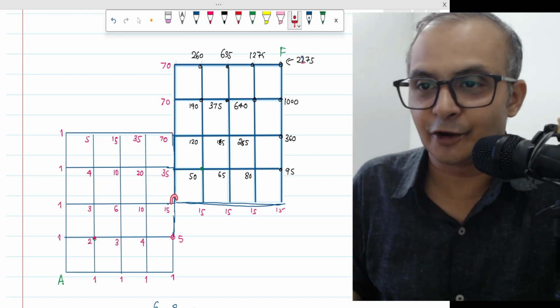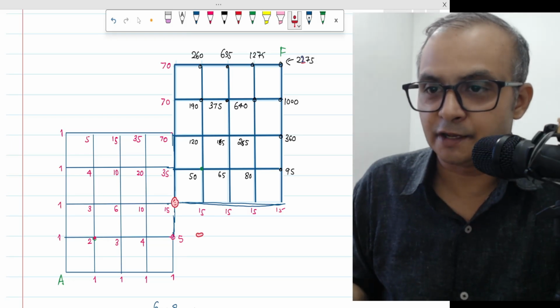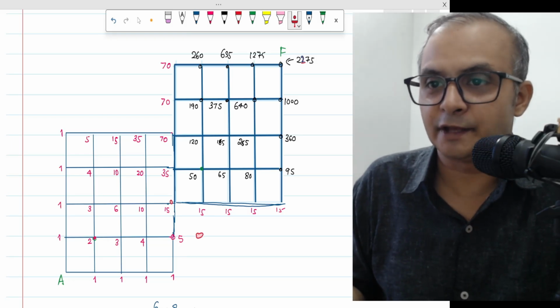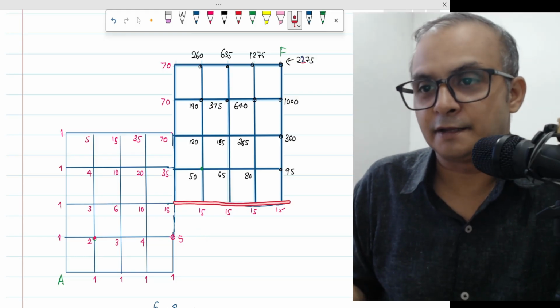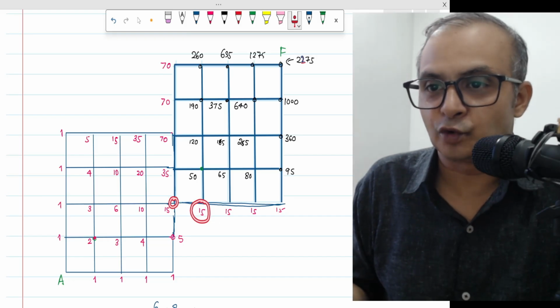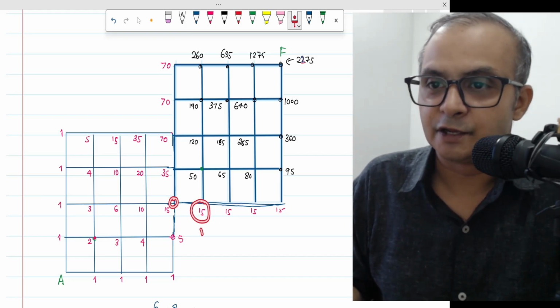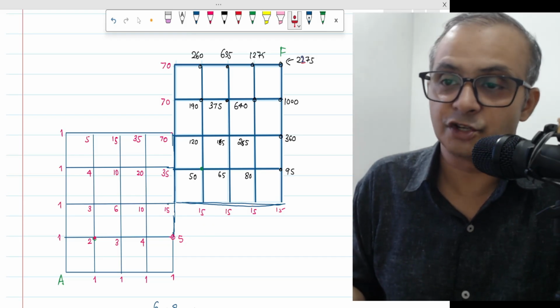So up to here we got 15, but after getting 15 there is no such position here so that they can be added. So therefore the number of ways to reach on this line at every point will remain 15 only, because once you reach here there is no such number of ways supporting it, so it will give you 15, 15, 15, 15 for each position on this line.